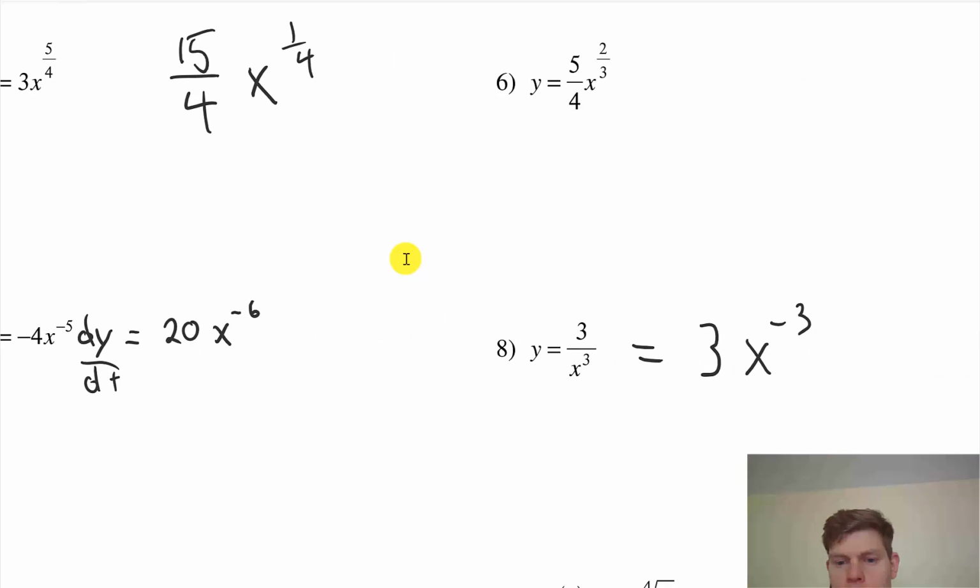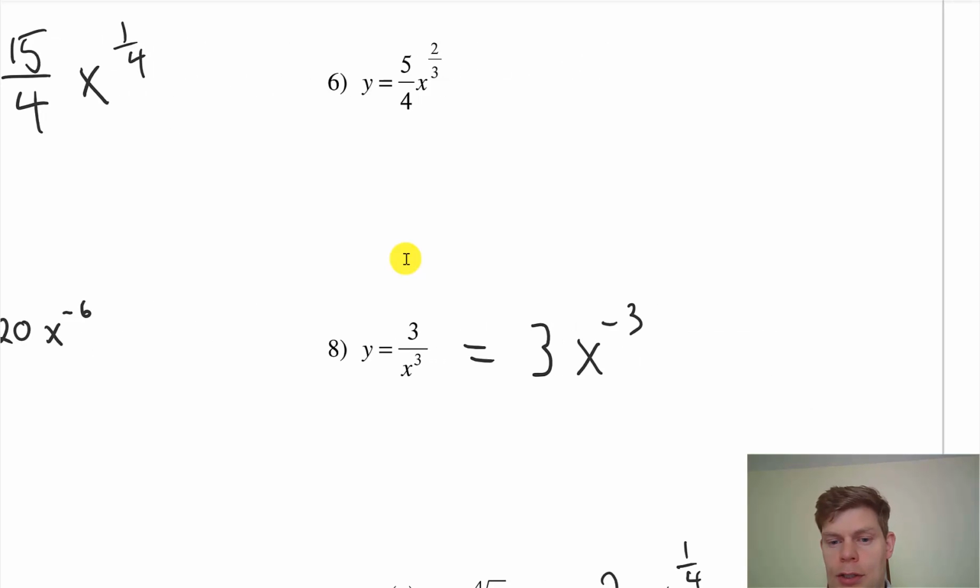here's one that might trip you up. Might be like, what do you do if it's being divided? If you remember correctly, 1 divided by x to the 3rd power is x to the minus 3rd power. So we just realized that 1 over x to the 3 is x to the minus 3. Basically, if you got something over a power, just make that exponent negative, and it's the same thing.